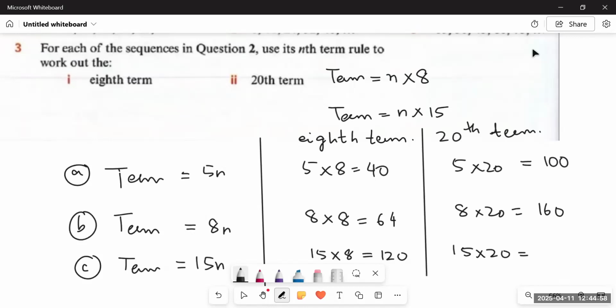And for the last part, having 15n, the first term was 15, then 30, then 45, then 60, then 75. The 20th term would be 15 multiplied by 20, which is 300. That is, the 20th term would be 300 in this one.